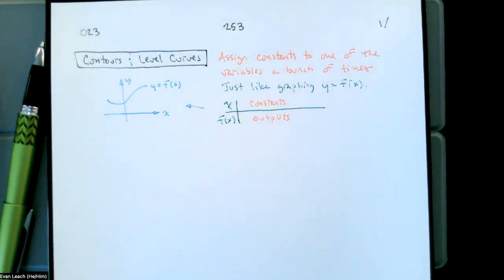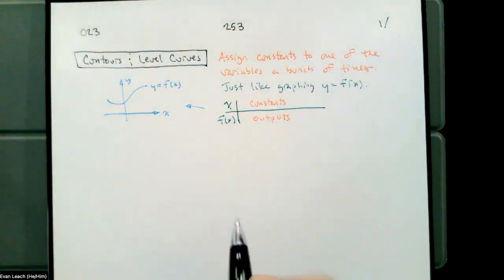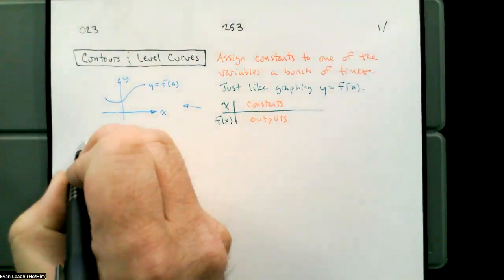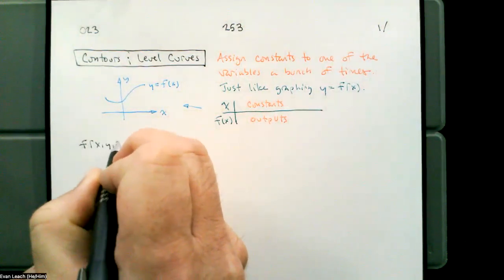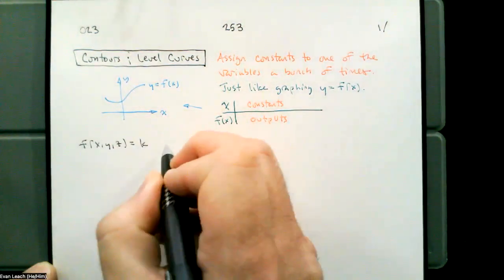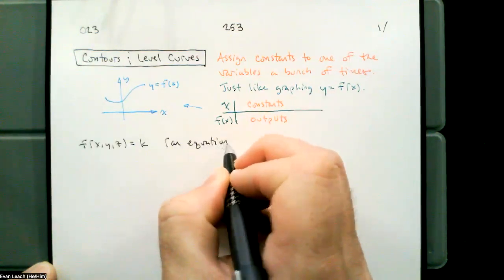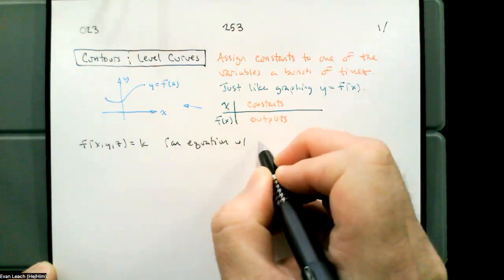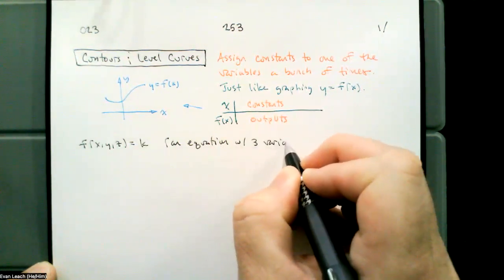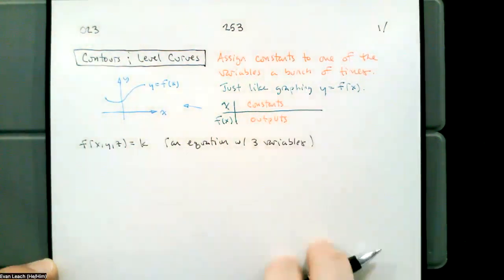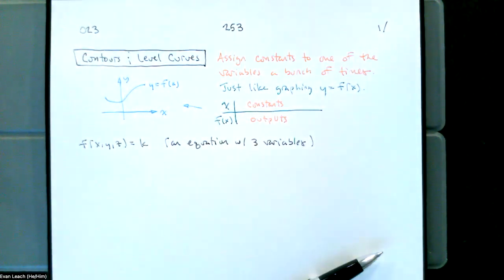We do a similar thing when we're looking at level curves. We pick one of the variables. Let's say we have an equation with three variables. Not that maybe we can write z as a function of x and y, or x as a function of y and z. Maybe we can't.